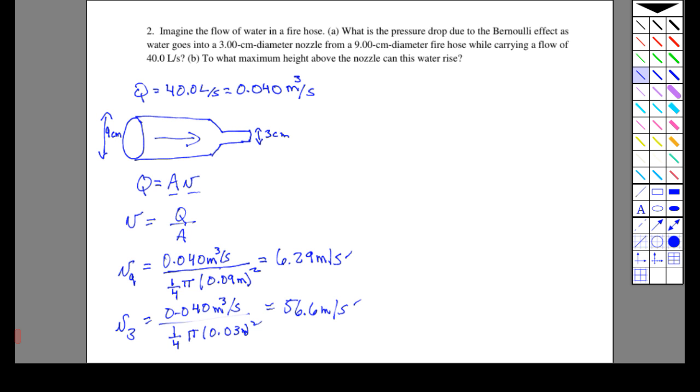Okay, so what we were asked, though, is to find the pressure drop. Well, so what we're going to do is turn to Bernoulli's equation for that.